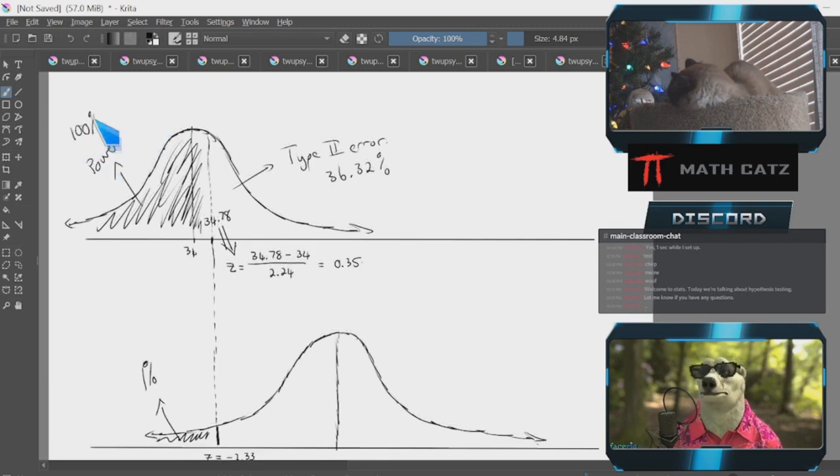I'll write that out. 36.32%. And what do we get? We get 63.68% for the power.